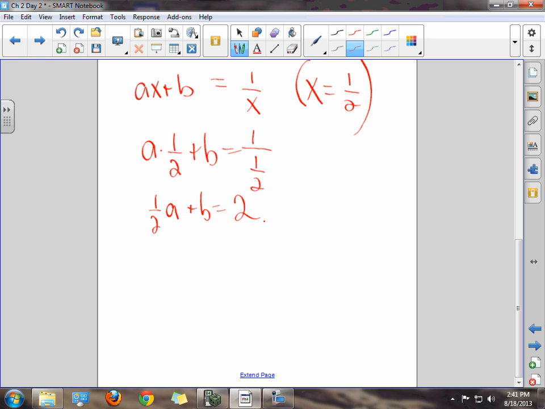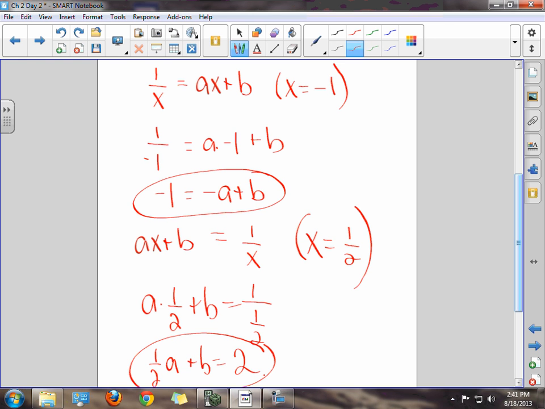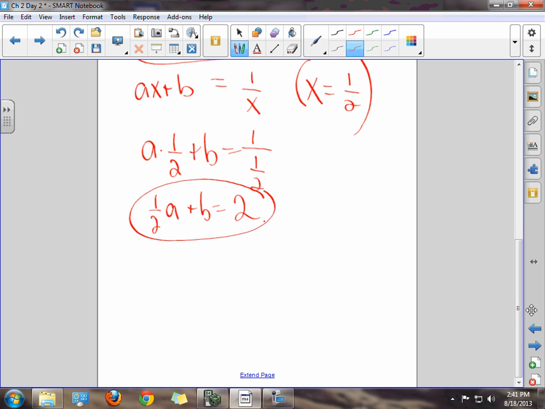So here's one equation, and there's my other equation. So let's solve this for b. So b is equal to negative 1 minus a. So I have 1/2 a plus negative 1 minus a is equal to 2. If I combine the 1/2 a and the negative a, I get negative 1/2 a, and then negative 1 minus 1/2 a is equal to 2.